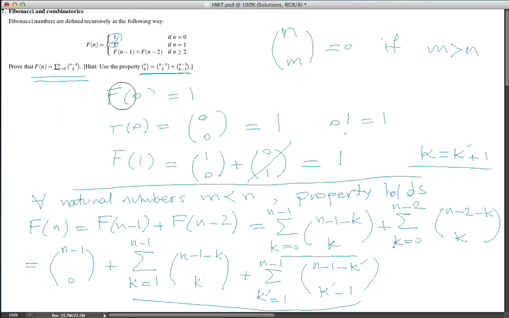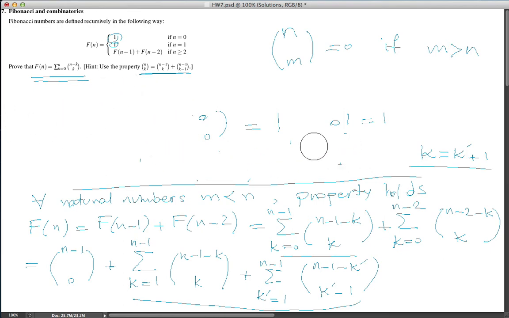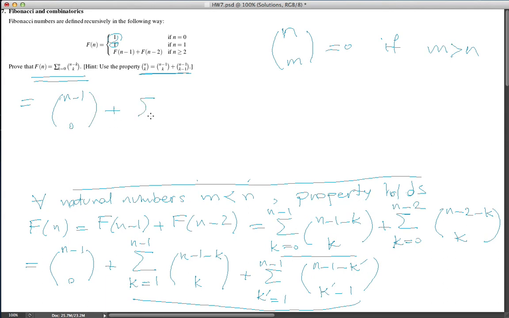So let me erase this base case. It will be equal to the first term n minus 1 choose 0 plus the summation, using the same variable k, from 1 to n minus 1 of n minus 1 minus k choose k plus n minus 1 minus k choose k minus 1.